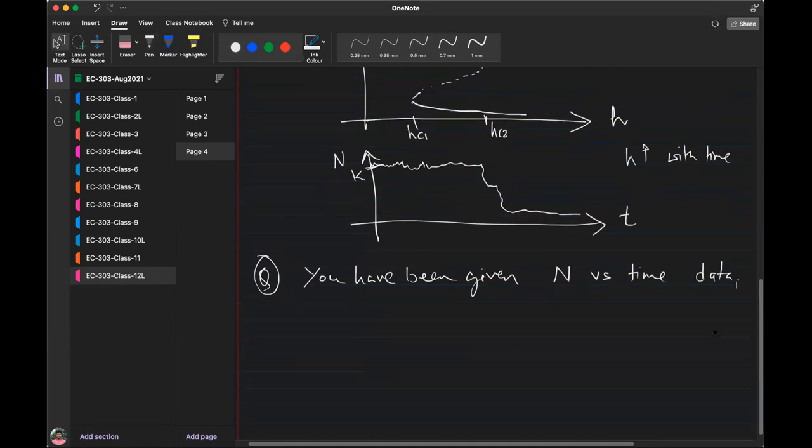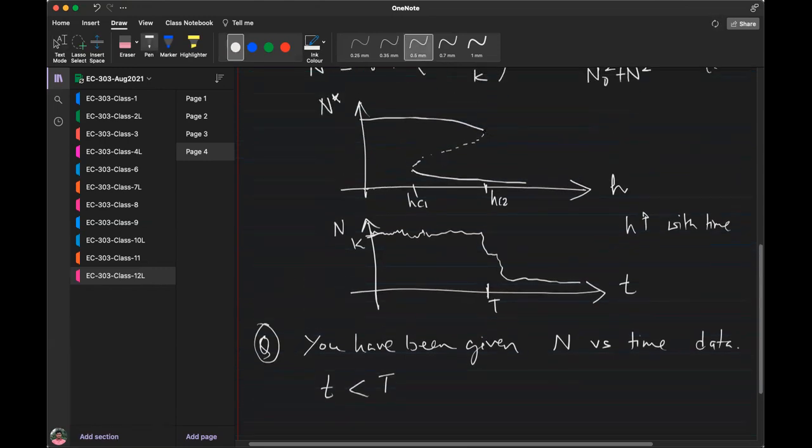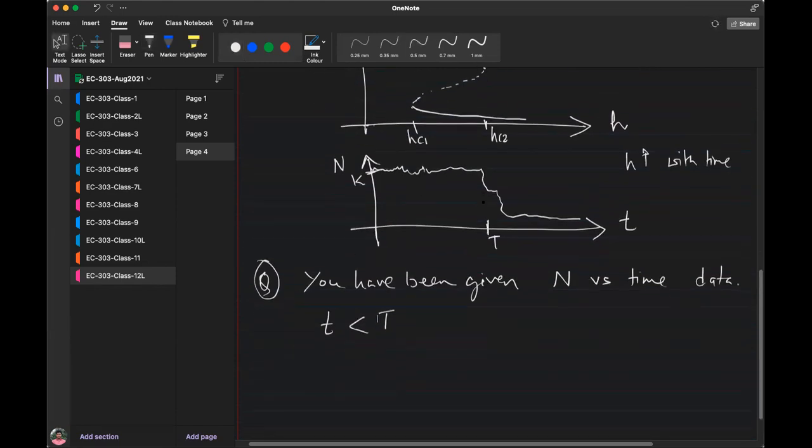Let's say this event happened at capital T, and t is still less than capital T. That's the data that you have. You have a t max up to which you have the data, and that is less than the time at which this system collapsed from a high population density to a low population density.